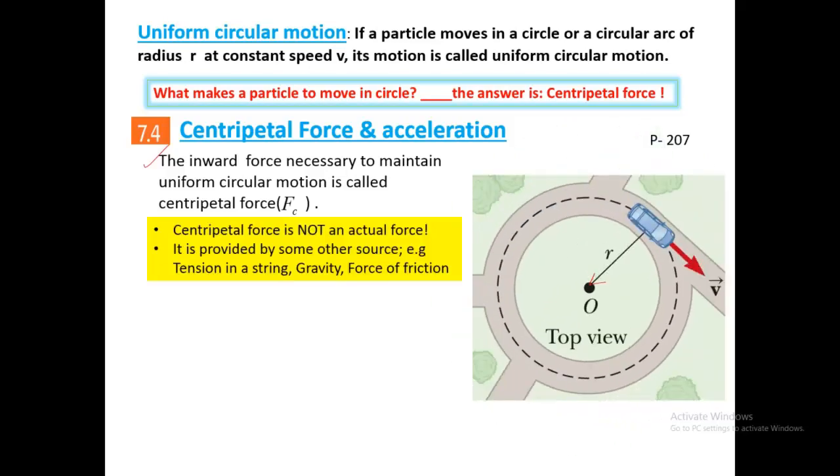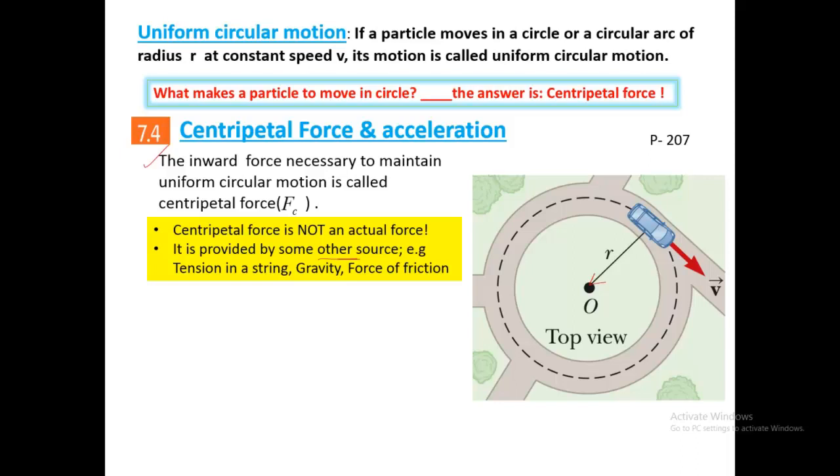Keep in mind that centripetal force is not an actual force like gravitational force, like magnetic force, like electric force. It is provided by some other source. For example, once you are connecting an object with a string or a rope, tension in the string provides the necessary centripetal force for the object to move in a circle.